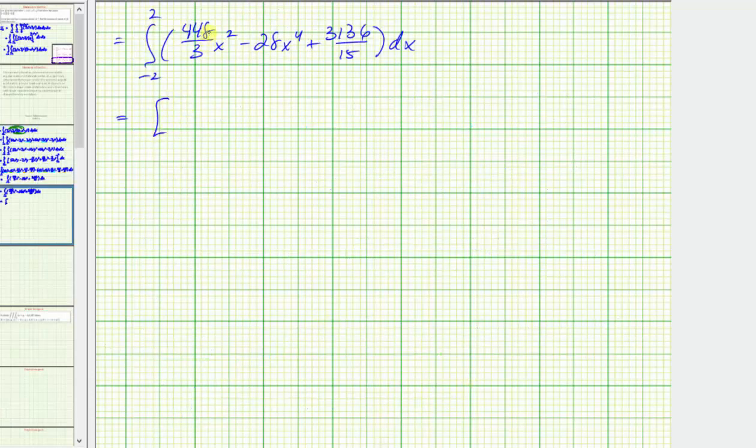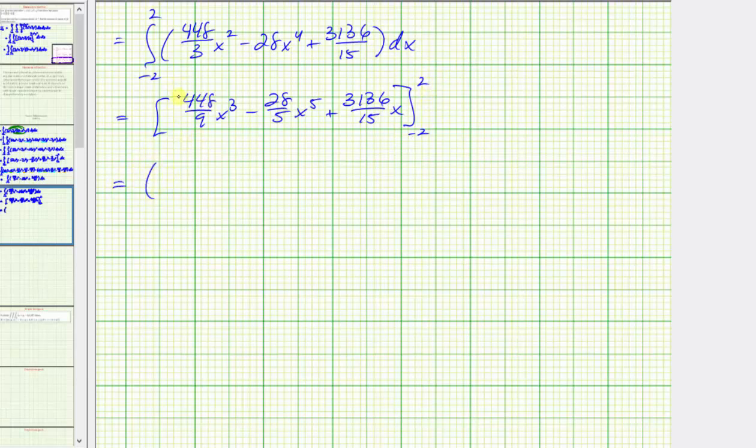So we're going to have 448 thirds times x to the third divided by 3, which is 448 ninths x to the third, and then minus 28 times x to the fifth divided by 5, minus 28 fifths x to the fifth, and then plus 3,136 fifteenths x. And now we need to find big F of b minus big F of a one last time.